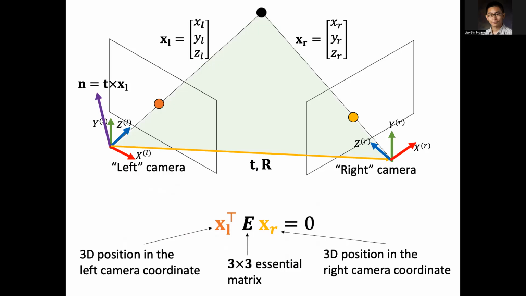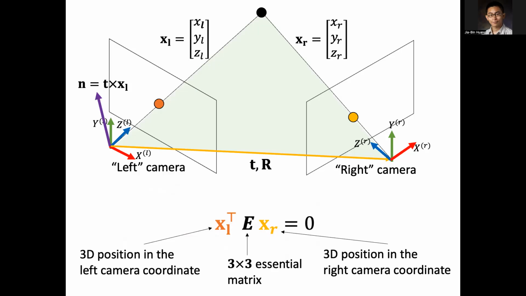All right. But still, it's not enough, right? This just says that the 3D point, but all we have access to is 2D projections, right? We don't have the depth. Remember, we don't have the depth.